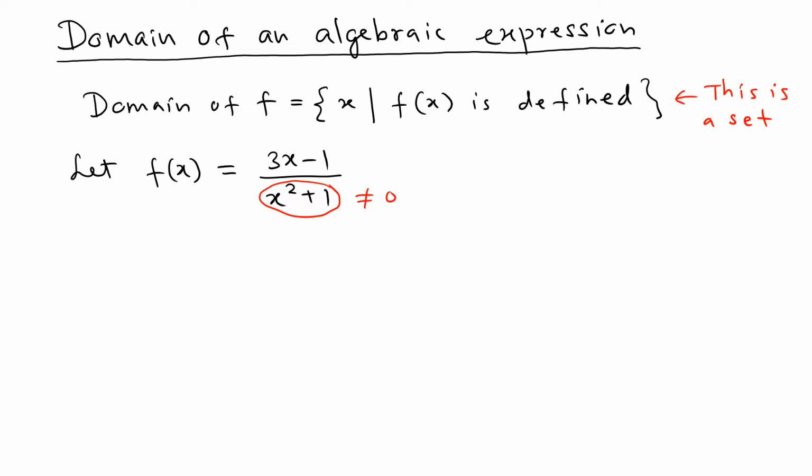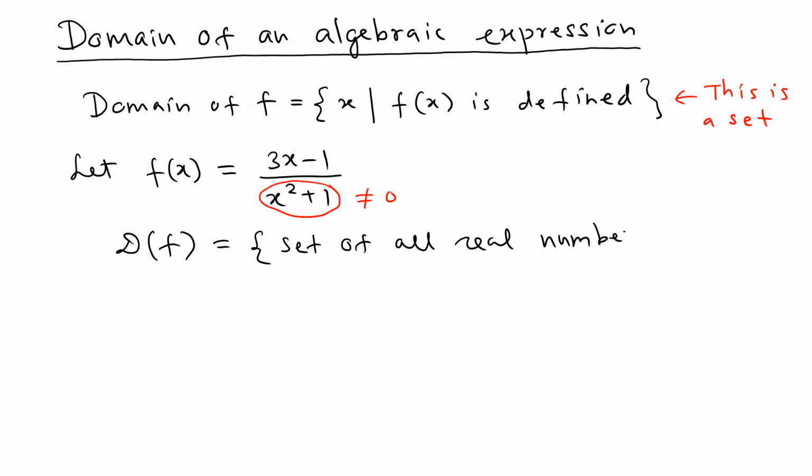That means you can plug in any value for this function, so the domain is all real numbers. For the domain, we can use the curly D. The domain of f is the set of all real numbers.